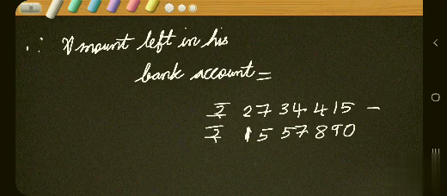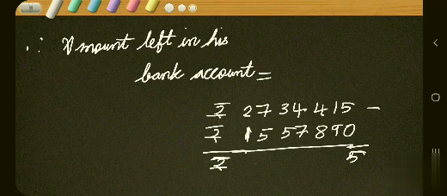Yes, let's start subtracting. So surely answer also will be in rupees, so don't forget to write the rupees there. 5 minus 0, 5. And can we subtract 9 from 1? No. So what we have to do? As usual, we have to borrow, isn't it?